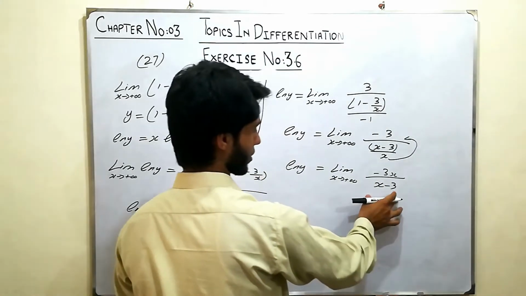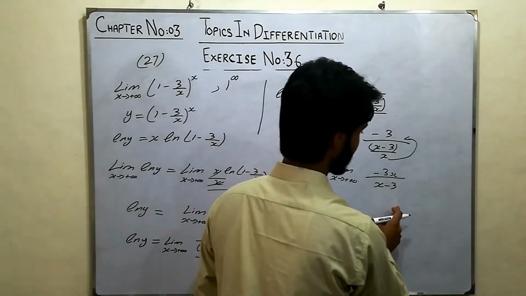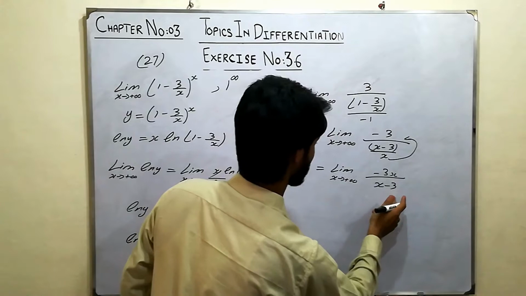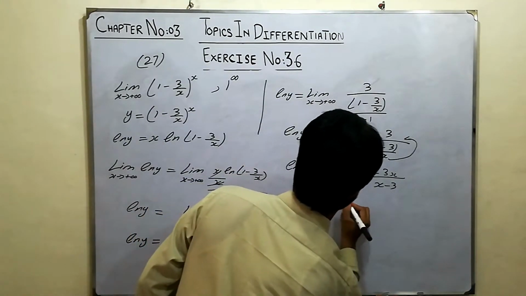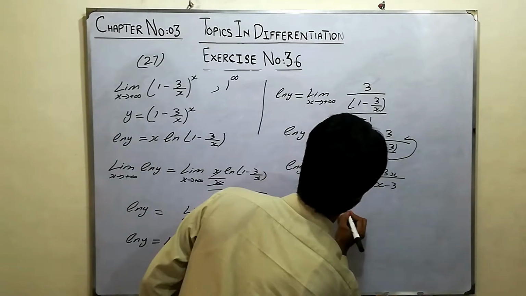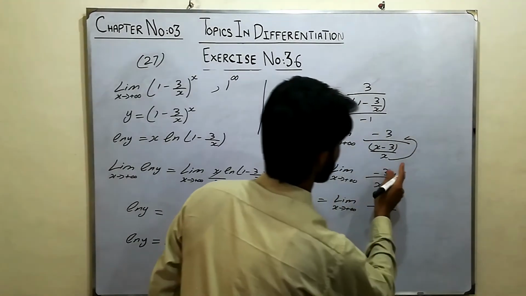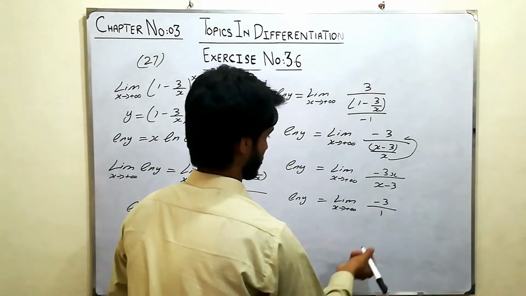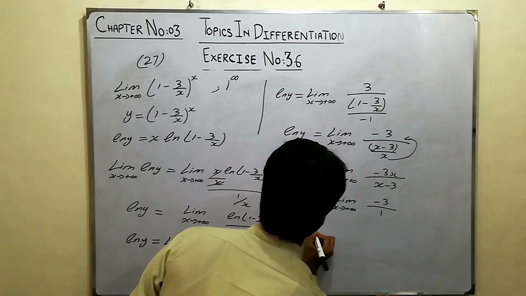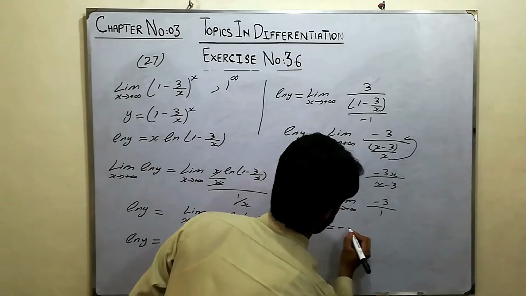If we put the limit in that function we again have the form of infinity by infinity, so again take the derivative. So we have ln y, limit x approaches to plus infinity, derivative of minus 3x is minus 3 and derivative of x is 1, so ln y equals minus 3, which is a constant, so it comes as it is.